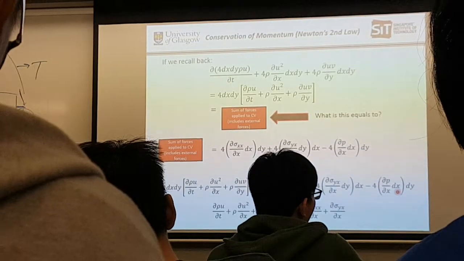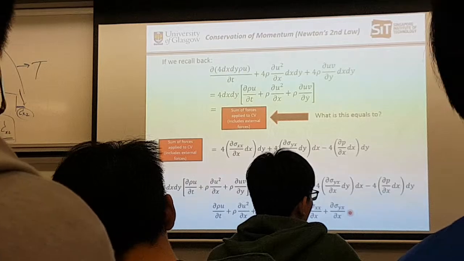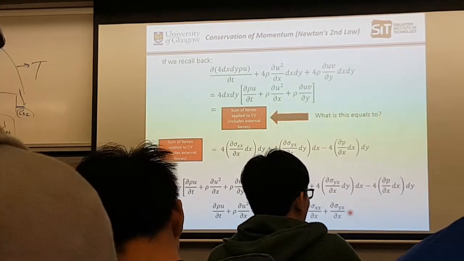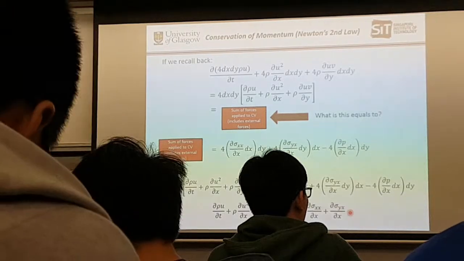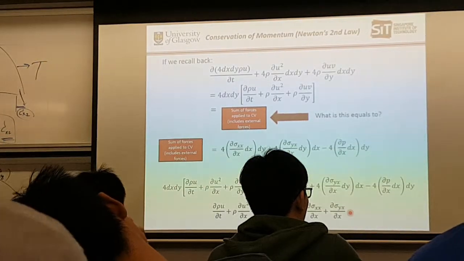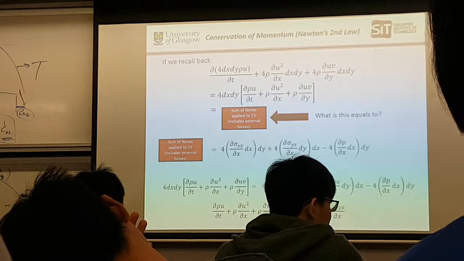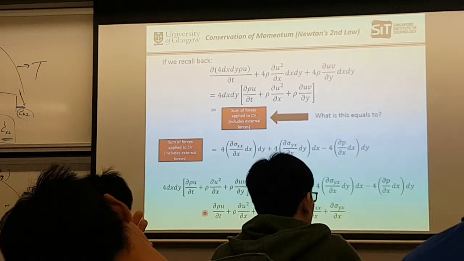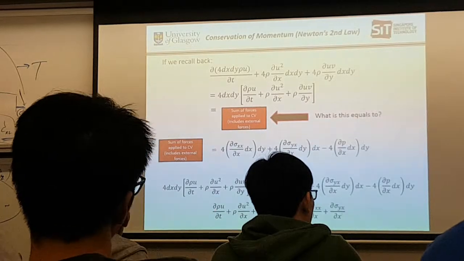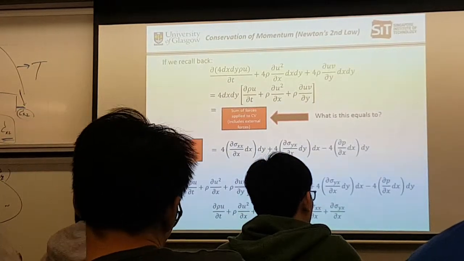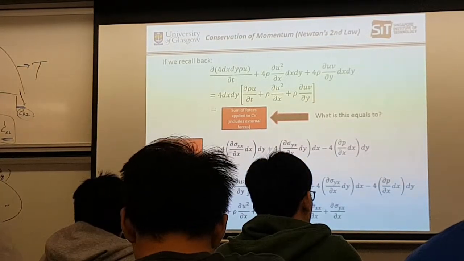We can cancel them out. At the end of the day, this equation is a classical equation. That means it is regardless of the dimension of the box that you set at the start. Whether you use dx dy, or 2dx 2dy, or half dx half dy, the answer is always independent of the control volume dimension.